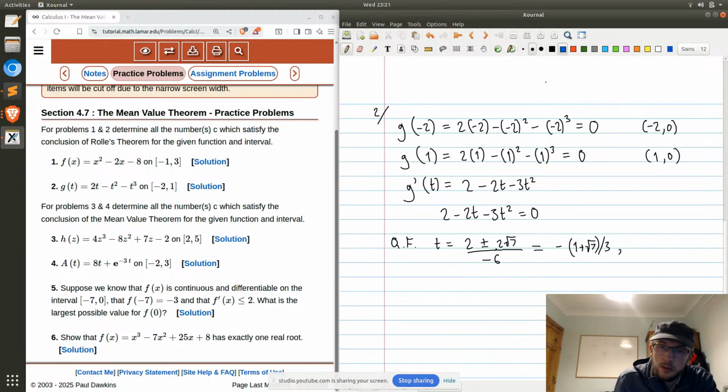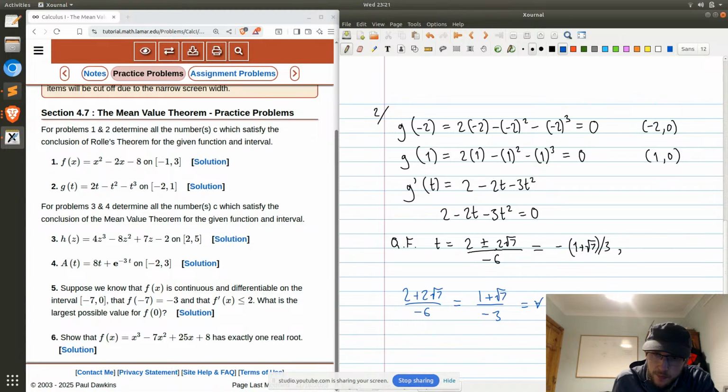I feel like I'm gonna actually mess these signs up if I don't be careful. Whoops, not right. Yeah, so that thing up there is fine.